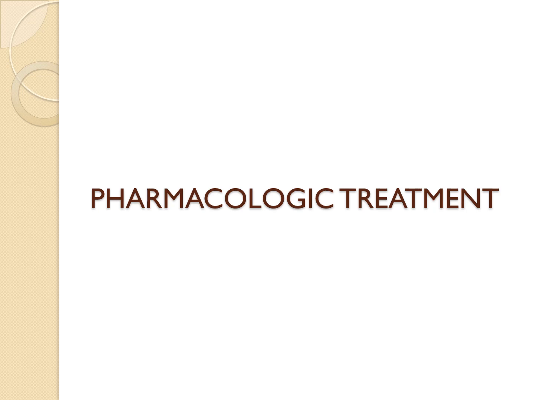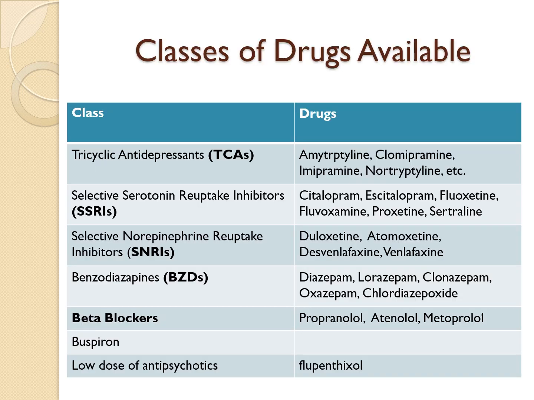In pharmacological treatment, the available classes of drugs are tricyclic antidepressants known as TCAs, selective serotonin reuptake inhibitors known as SSRIs, selective norepinephrine reuptake inhibitors SNRIs, benzodiazepines, beta blockers, buspirone, and low dose of antipsychotics like flupentixol.